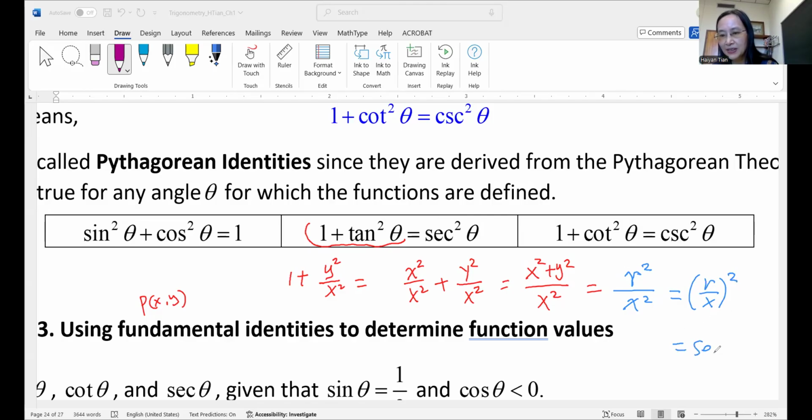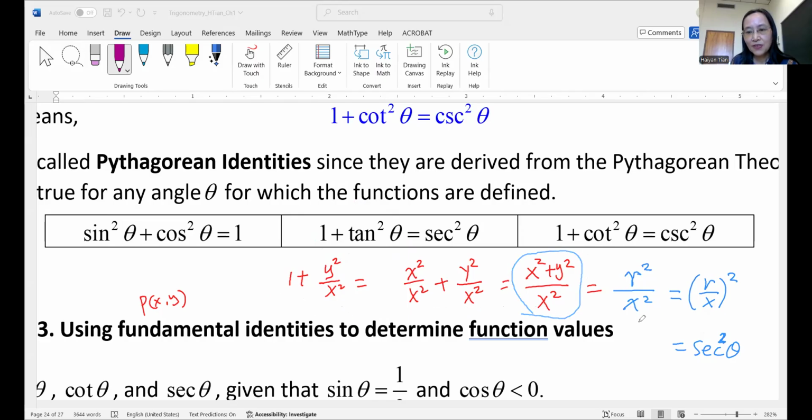We arrived at secant squared theta. So where do I put the square? You can put parentheses squared. Usually we can put it on top of the function name. So what we did is go from the left side, and we started to work on it using definitions, and then step by step we rewrote it.